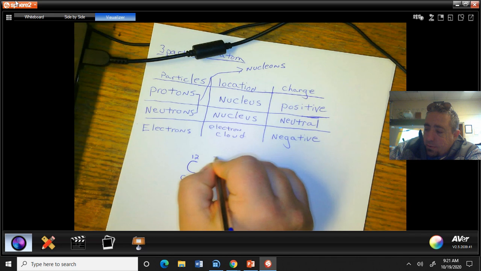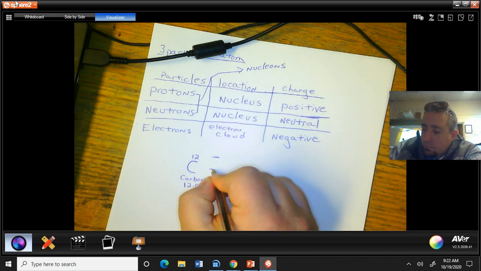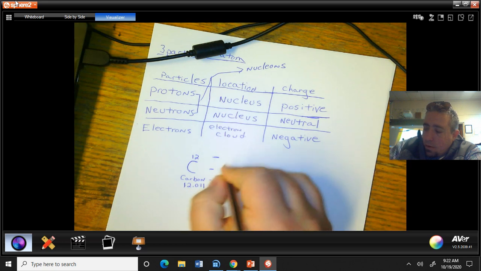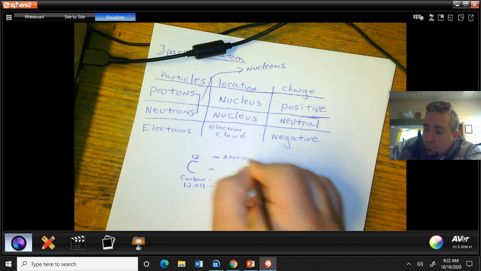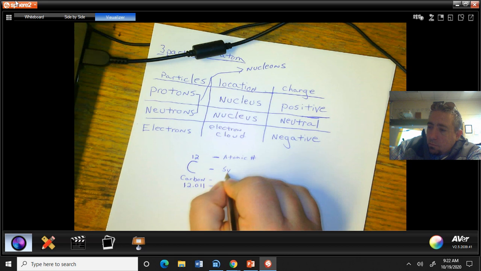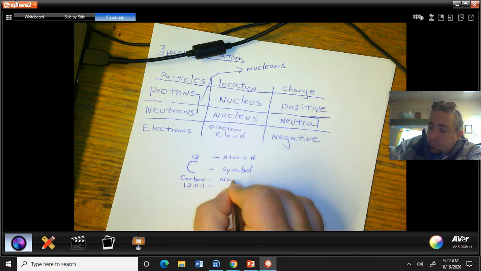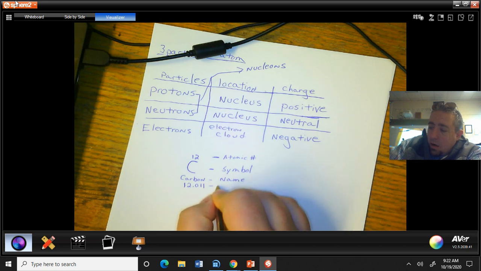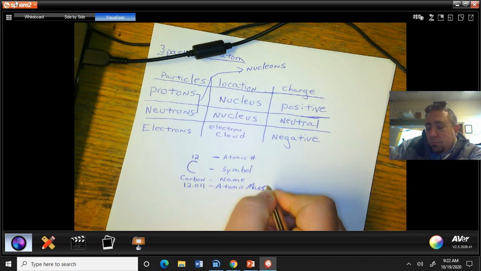Okay, and so just to help you remember real quick. So this is atomic number. Symbol. The name. And the atomic mass.